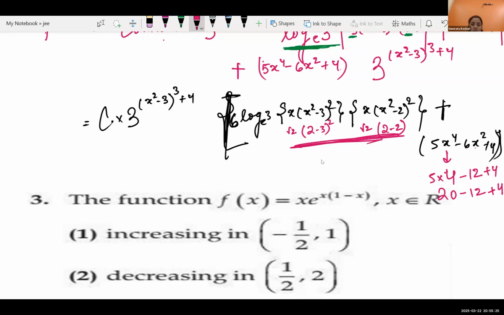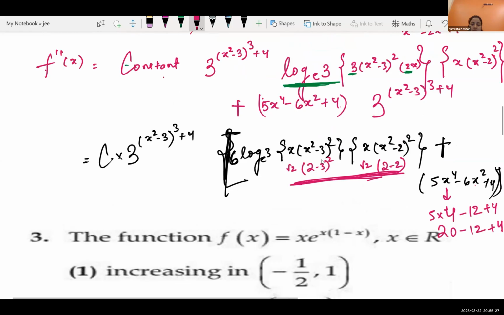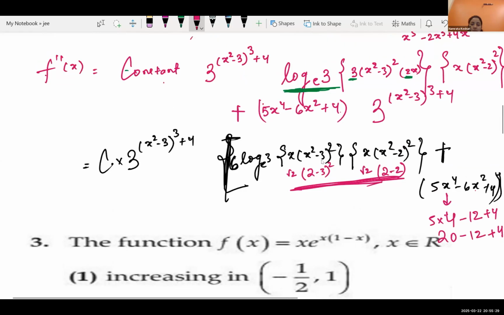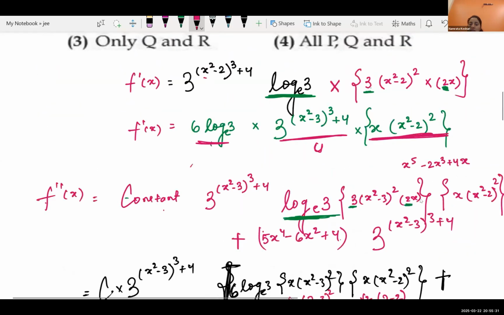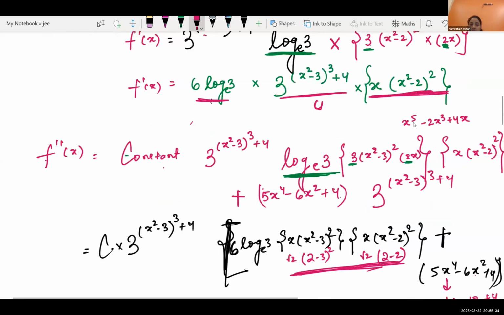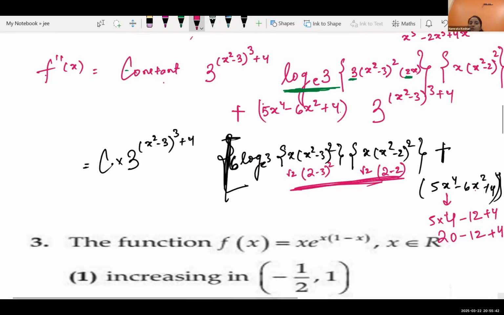Are we missing anything? We must get the other term as well, 0. So 5x to the power 4 minus 6x square plus 4. Here also 0 must come. If it is a point of inflection, then here also we must get 0.